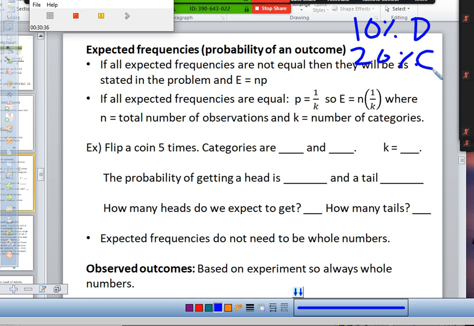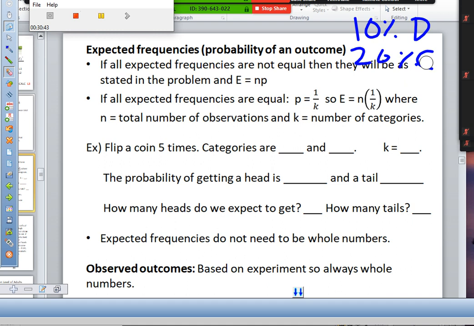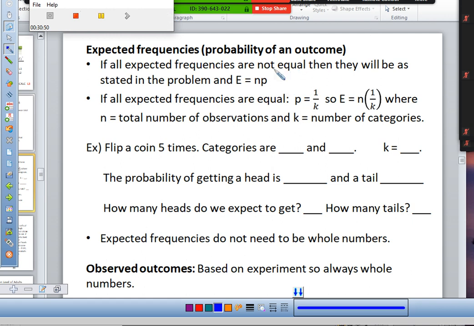I have to calculate how many that will be, because it's got to be the number of people that are observed. So how many would that be? 10% of what? 10% of N. Or 20% of what? 20% of N. So you multiply your N times your P, and that'll give you your expected values.